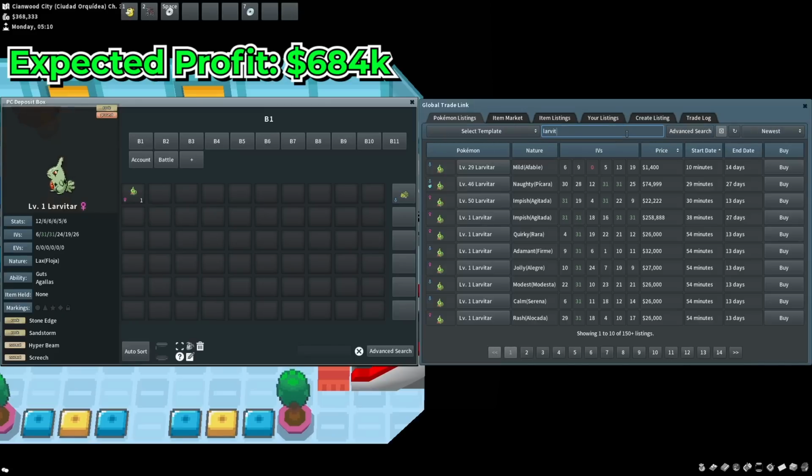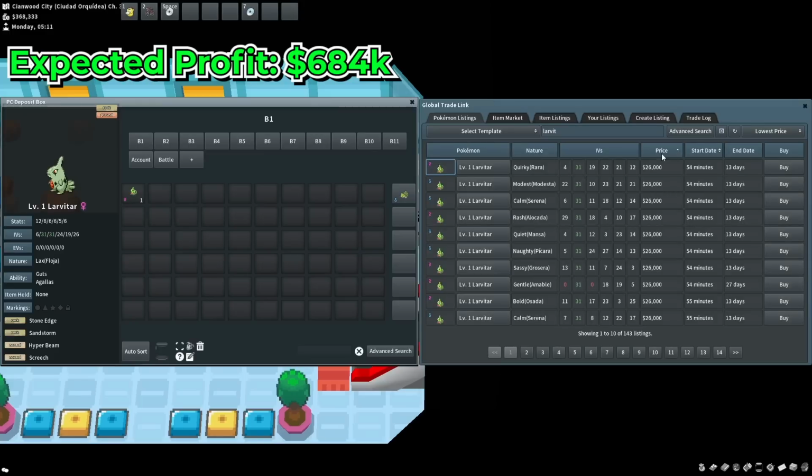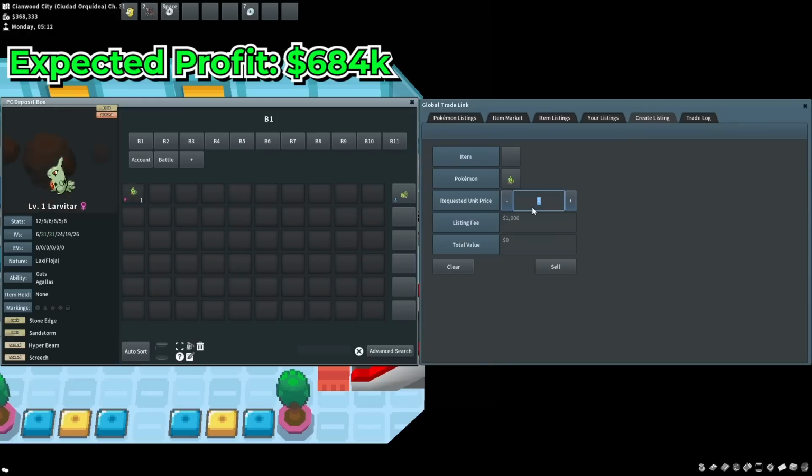So Larvitar, and then let's say here, as we can see, it goes for 26, and if we continue to check here, we can see that the first one that appears is speed, which is better than having a defensive stat. So we're putting ours at 34.99. We could go for 40, but I think it will sell today if we price it like this.